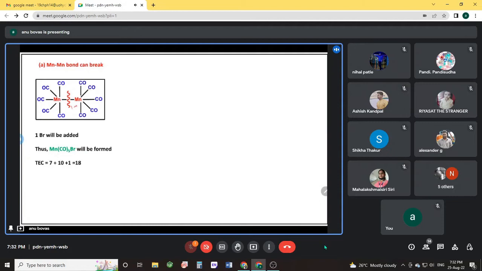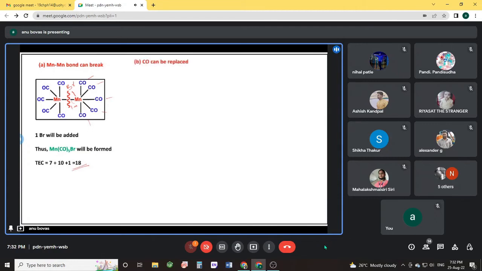That means one Mn-Mn bond is equal to 1 electron. So bromine is also a 1 electron donor and Mn will be added to 1 bromine. So thus we will get MnCO5Br, and totally 7 plus 10 plus 1 equals 18 electrons. So such a compound will follow the 18 electron rule, where Mn is attached to 5 carbonyls as well as 1 Br atom.